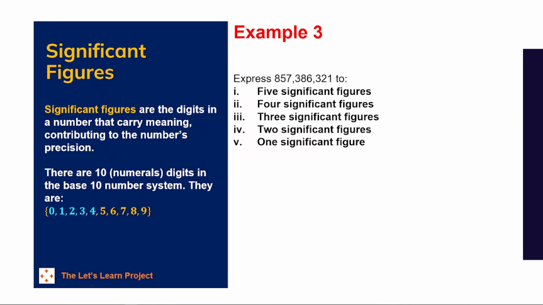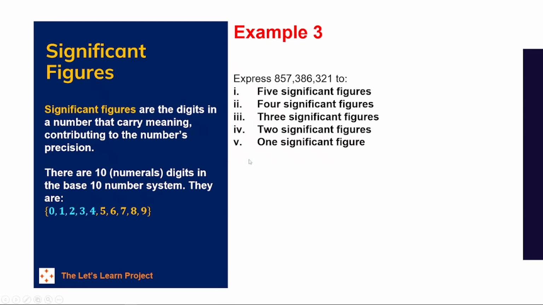Then we look to the right of the last significant figure. The number there is 6, and 6 is part of the big digits. That is the numbers between 5 and 9. So since 6 is part of the numbers between 5 and 9, we have to add 1 to the last significant figure to make it 9.